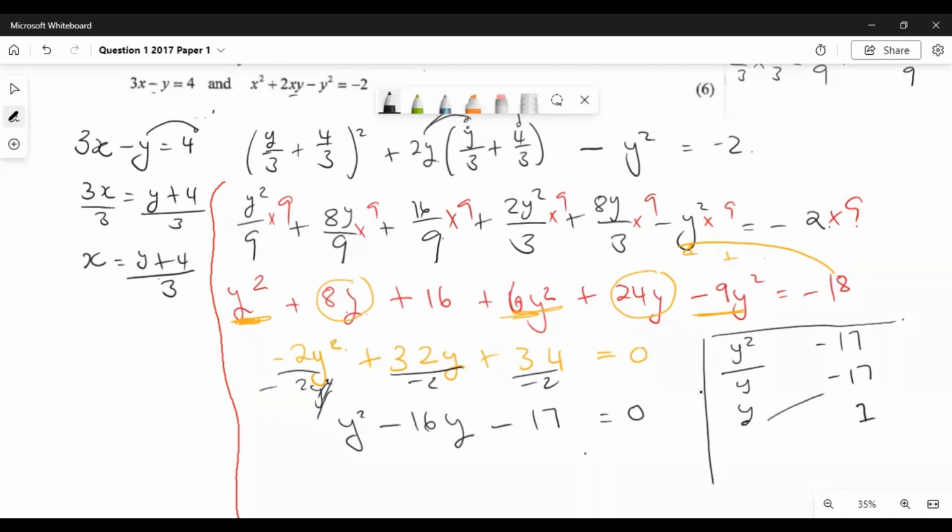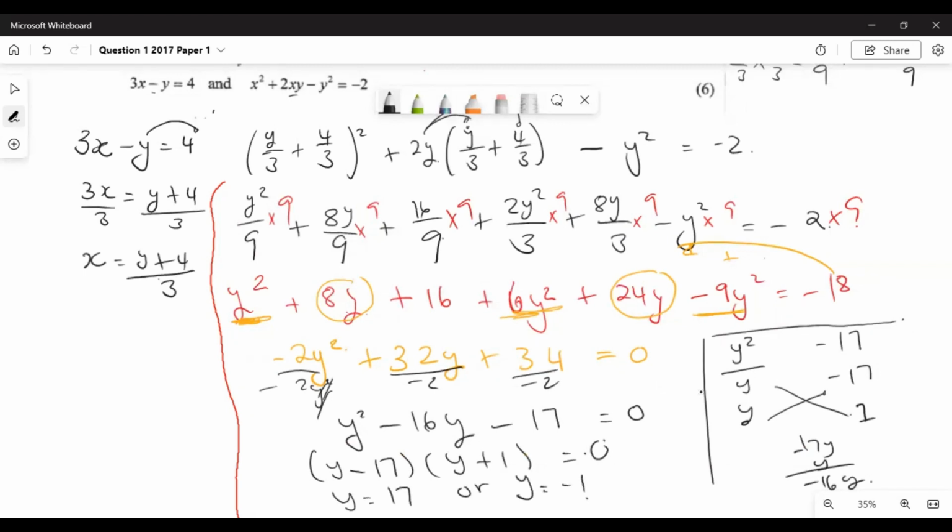And if we go ahead and cross multiply out, we'll get minus 17y and y giving us a negative 16y. So those are our factors, (y minus 17)(y plus 1) is equal to 0. Therefore, y is equal to 17 or y is equal to negative 1.